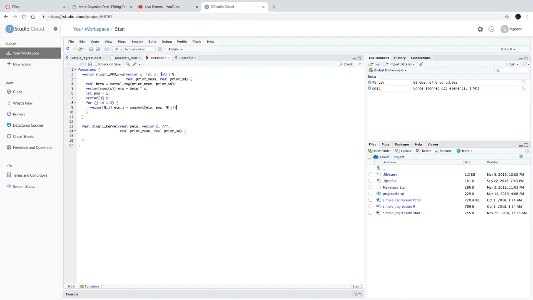The segment function is convenient. It says, starting from here, take however many elements you want from the subvector. You can do the same thing with the colon operator, but then you have to keep track of the start points and the end points. Here I just have to keep track of the start point, and I know from the input how many people there are within each group.